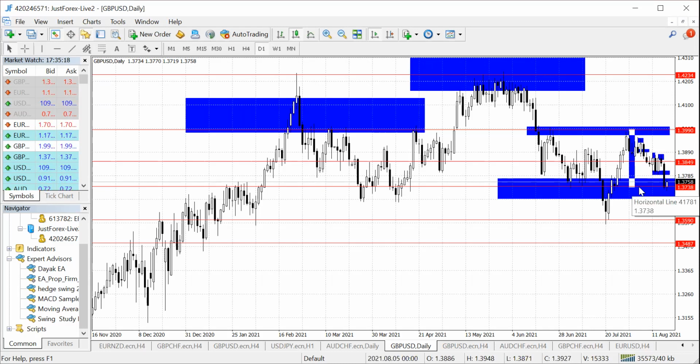Now, if you're not able to know where there is a support zone, where there is a supply zone, where there's a lot of supply or even a lot of demand, then you cannot be a profitable and consistent trader. You're checking on consistency. Every time you're trading, you have to check on consistency. How consistent are you? You see?